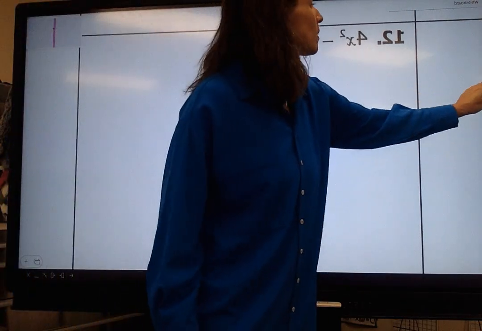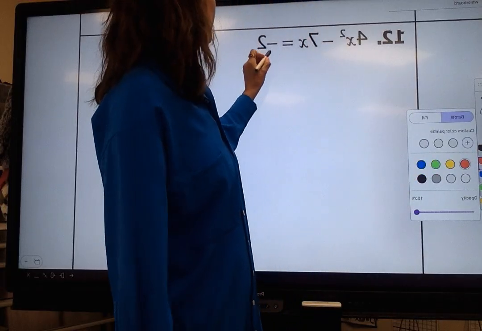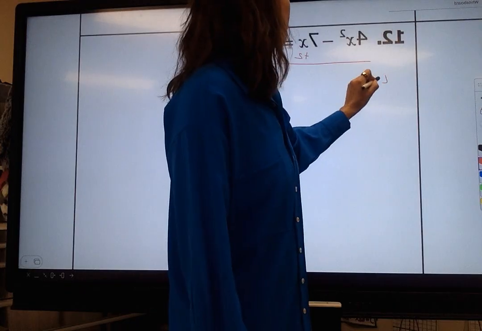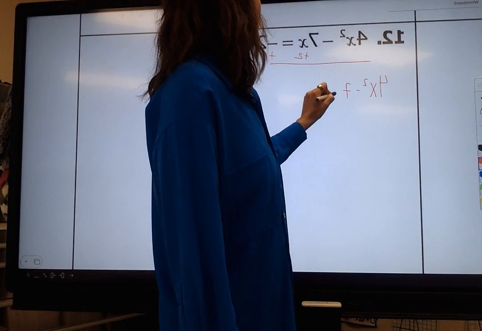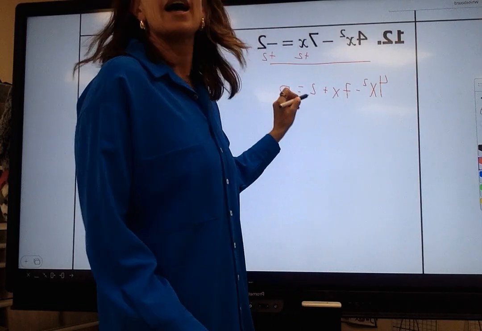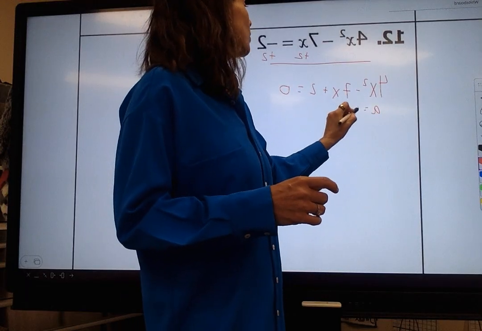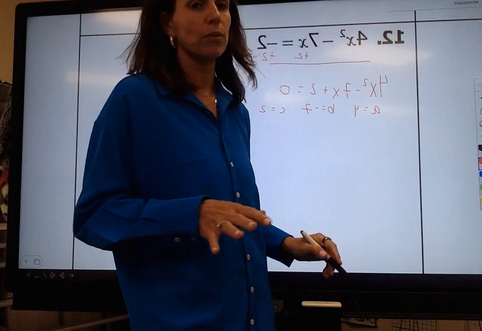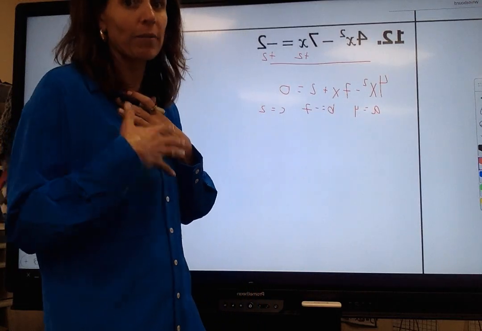All right, first step doesn't change. I set everything equal to 0. So I get 4x squared minus 7x plus 2. I identify my a value is 4, my b value is negative 7, and my c value is 2. I'm going to rewrite my formula.